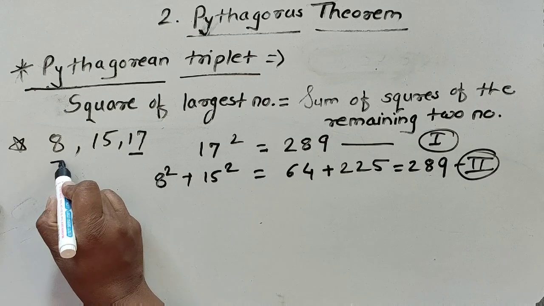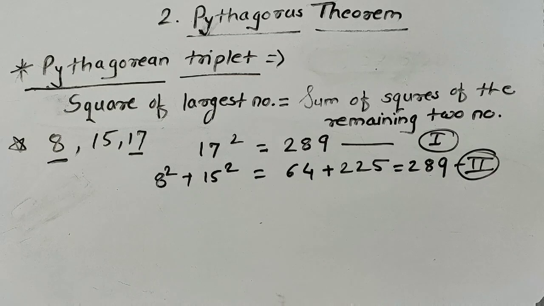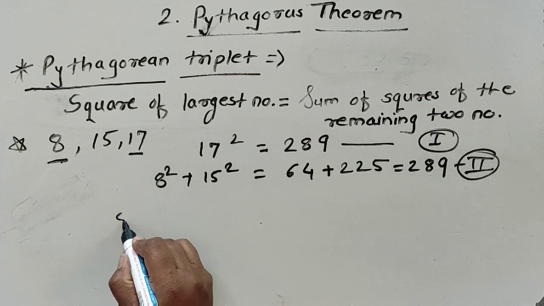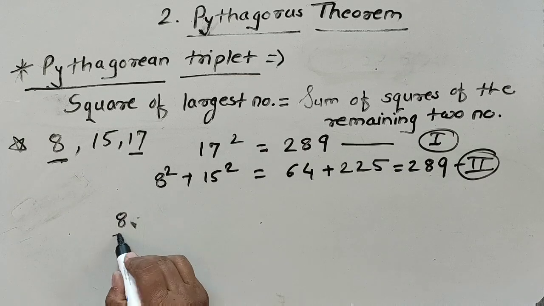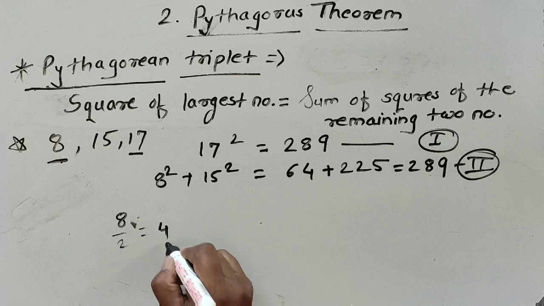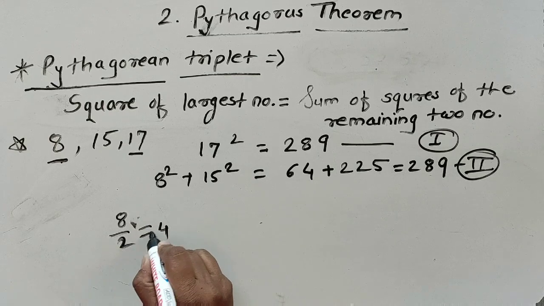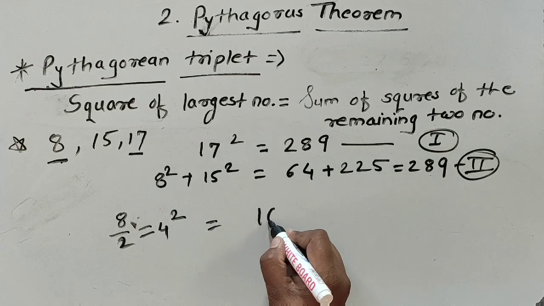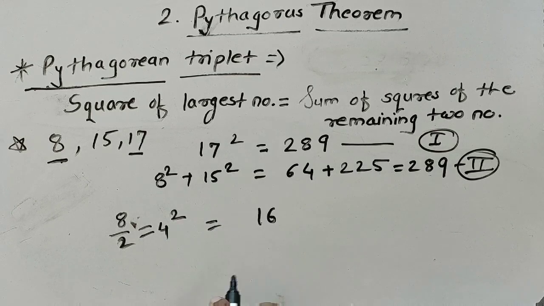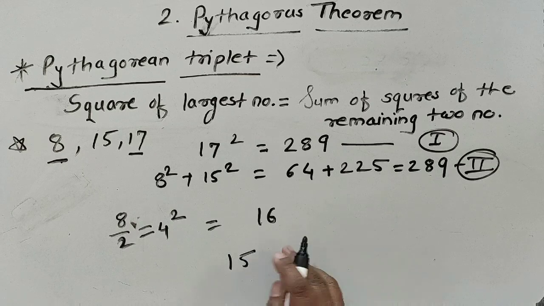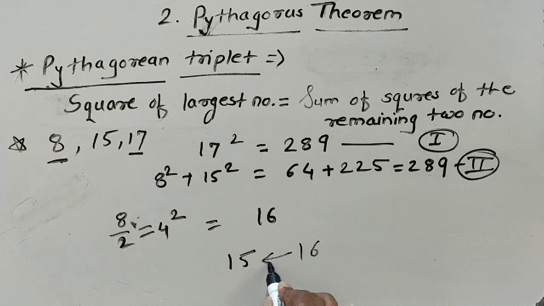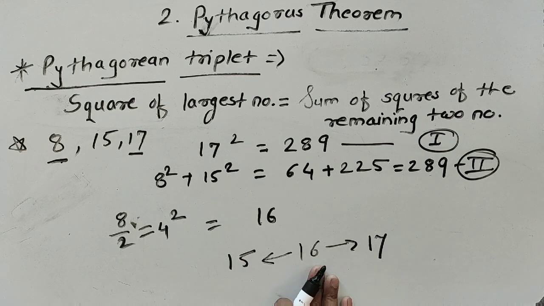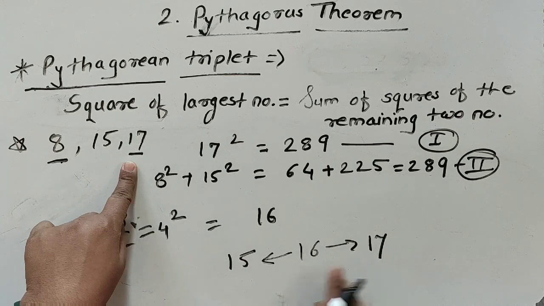Inside it, if you see, the smallest number is an even number, and we have to take half of it. So 8's half is 4, and 4 square is 16. The number before 16 is 15, and the number after is 17, and these are 15 and 17 here.